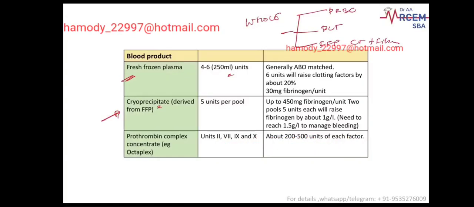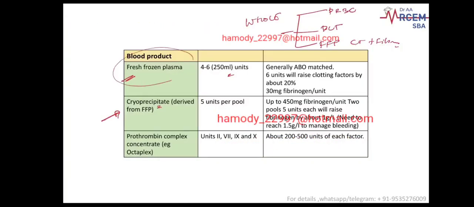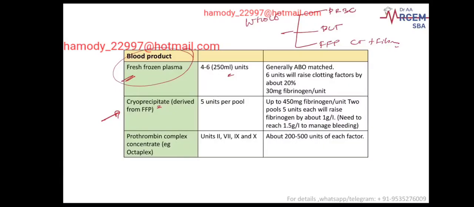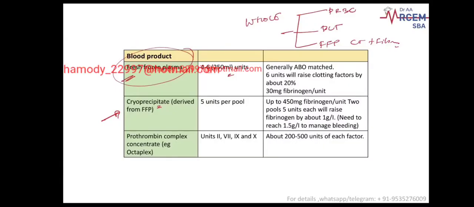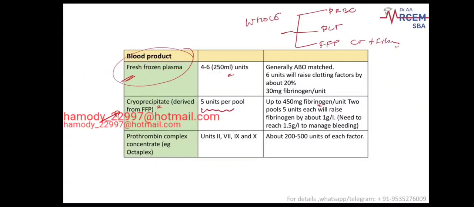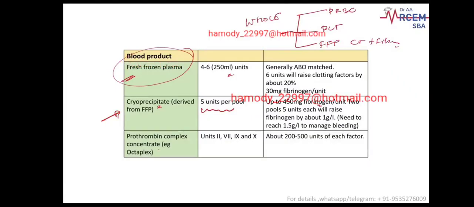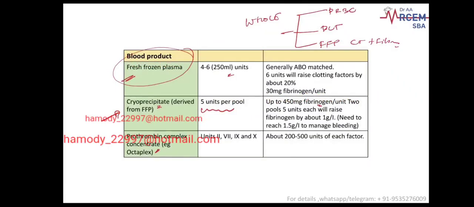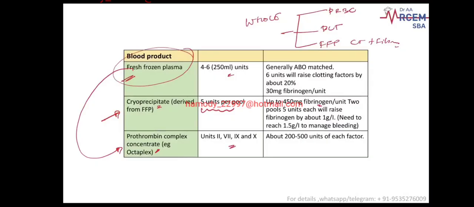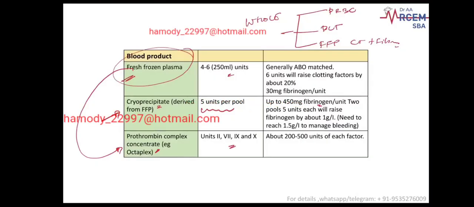Cryoprecipitate. Cryoprecipitate is a derivative from fresh frozen plasma, from FFP. What does it contain? It contains fibrinogen. You give 5 units per pool. So when we say give cryoprecipitate, you are giving 5 units of cryoprecipitate. What is prothrombin complex? This is also a derivative of FFP. It contains specifically clotting factors 2, 7, 9, and 10.